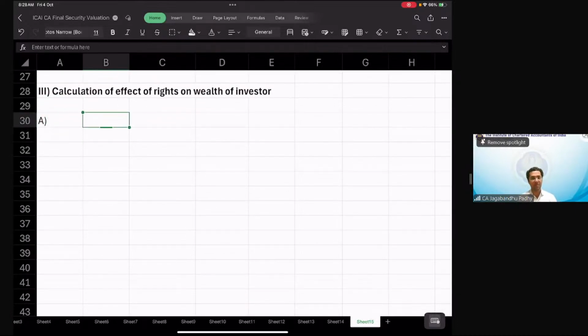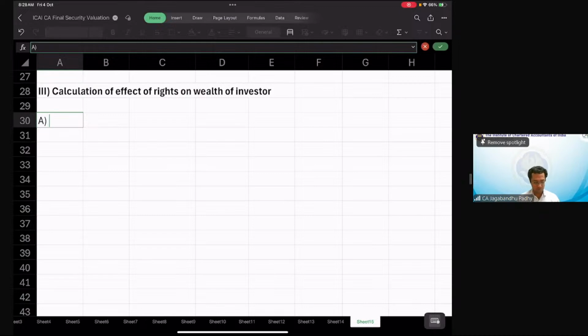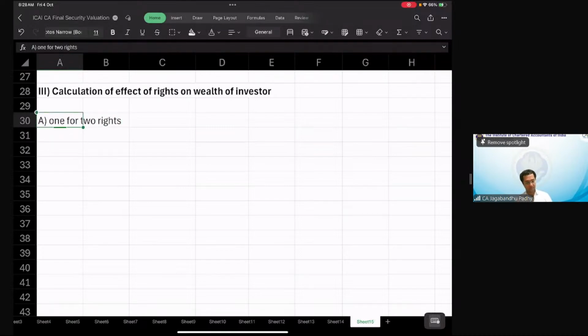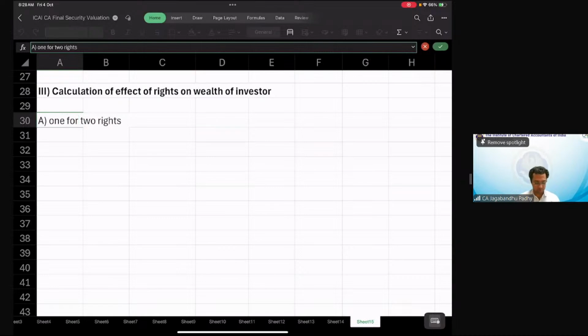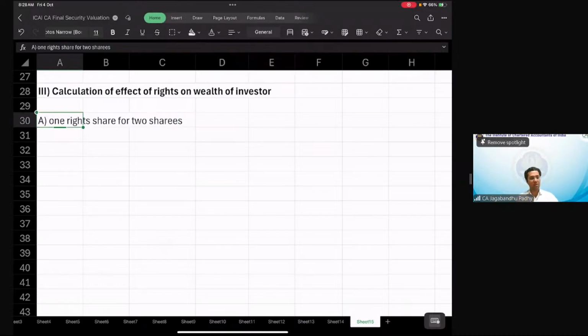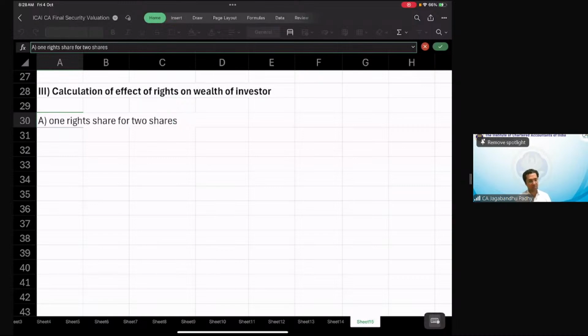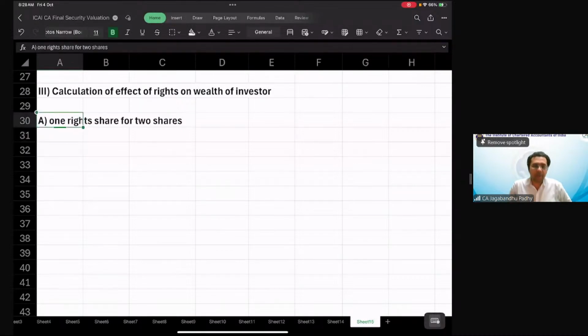So there we have the first part as one rights share for 2 shares. We want to see what is the impact on the wealth. So for that, we need to look at what is the wealth before and what is the wealth after.